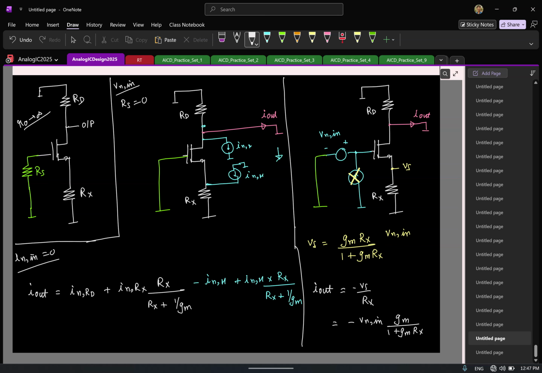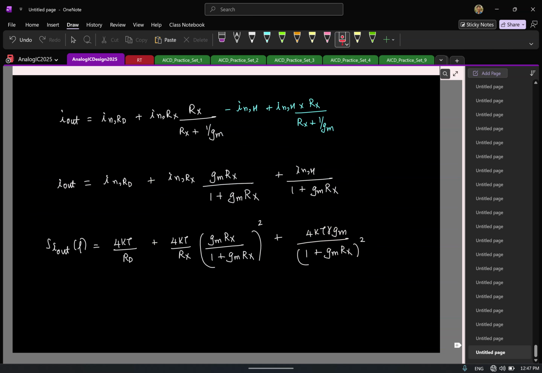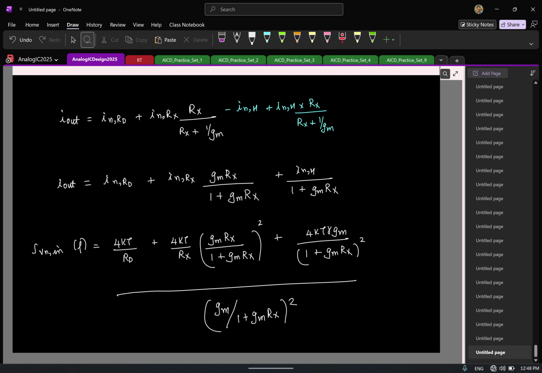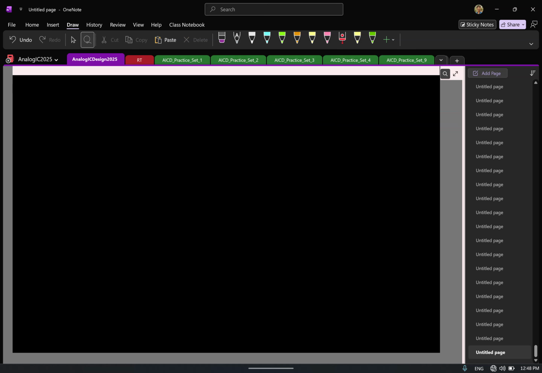So the gain is this factor gm by 1 plus gmRx. To find the input referred spectral density, I'll divide this by (gm by 1 plus gmRx) whole square. That will give me VNN of f. Again, the final expression is not relevant. I'm just showing it once to make a point.